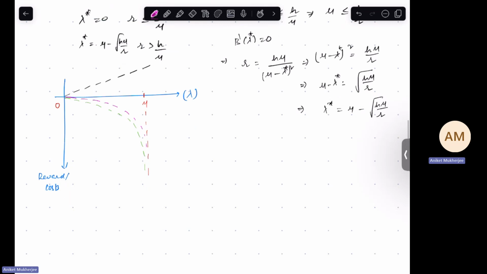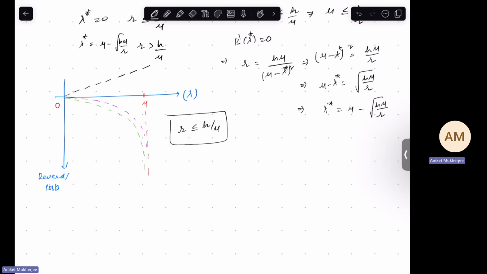The other case is, so this is the case when r is less than or equal to h by mu. What does this mean? The reward that you get to get customers is not high enough, then you have a threshold.